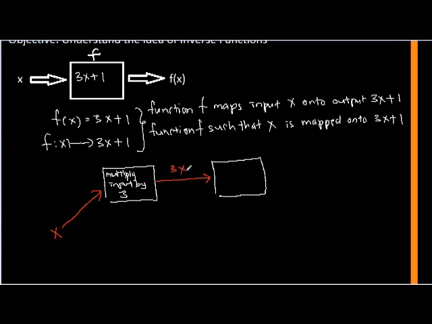The output 3x becomes the new input to the second machine, and the second machine can be described as plus 1 to the input. As a result, the final output of this process is 3x plus 1.